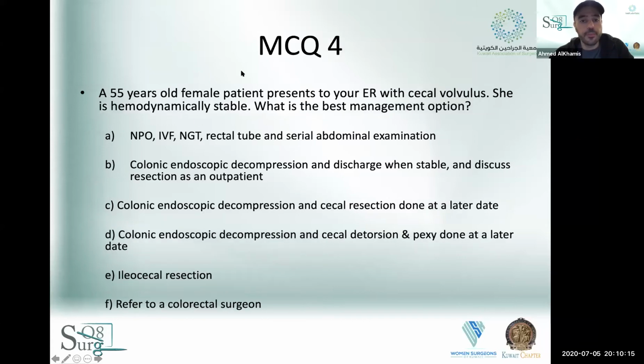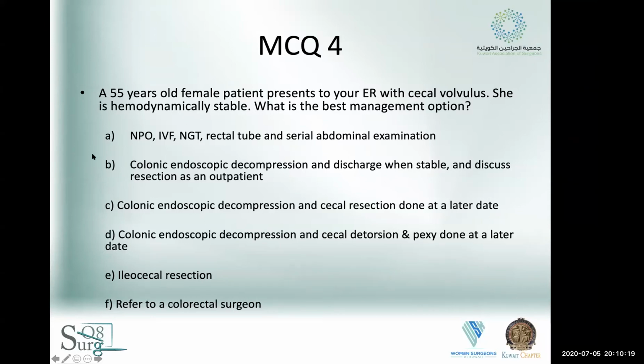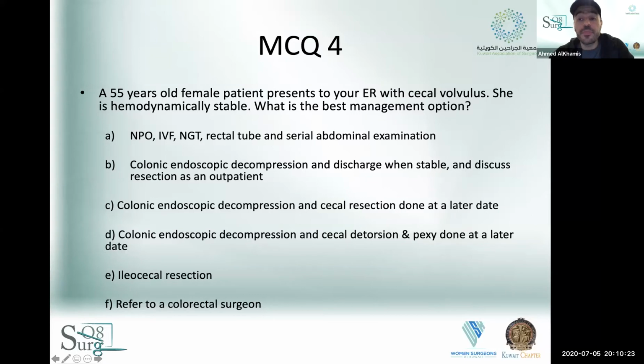Question number 4. You have a 55-year-old female patient who presents to the emergency department, like last time, but now with a cecal volvulus. She is hemodynamically stable, the same. What is the best management option? Again, NPO, IV fluid, nasogastric tube, rectal tube, and serial abdominal exam.